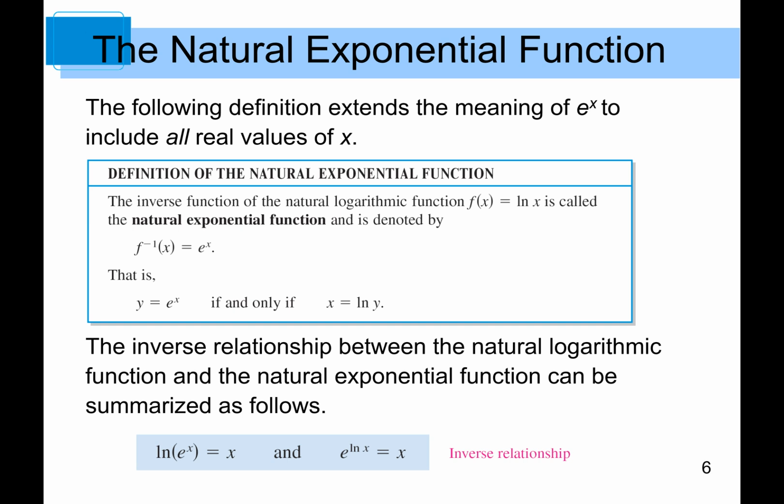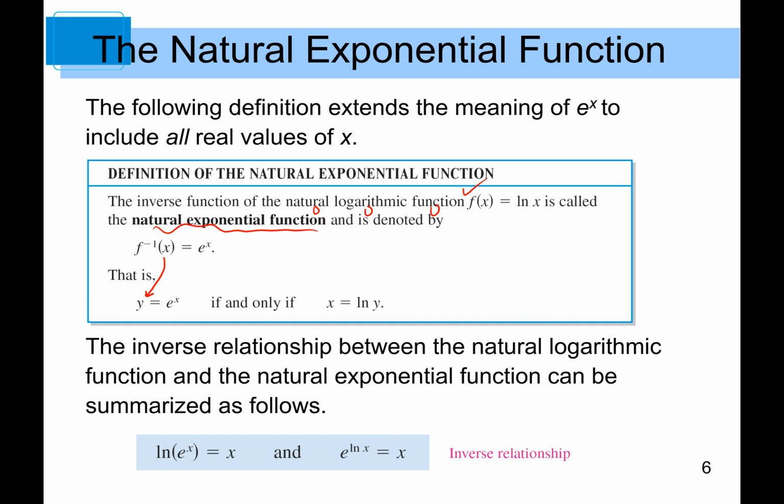So the inverse function of the natural logarithm function f of x equal to ln of x is called the natural exponential function, and it's denoted by the inverse function of f of x, equal to e to the x. Then you can replace the inverse notation with y, so y equal to e to the x.